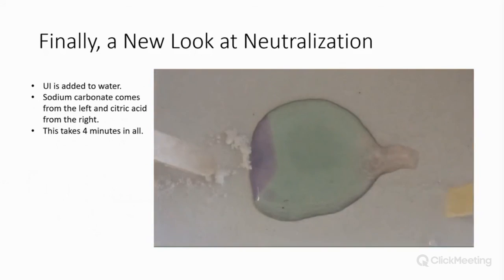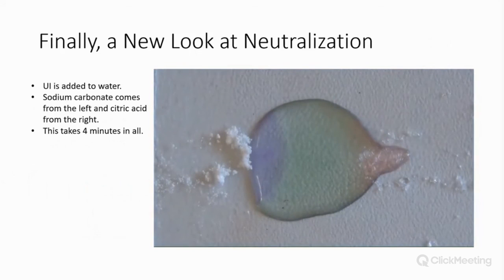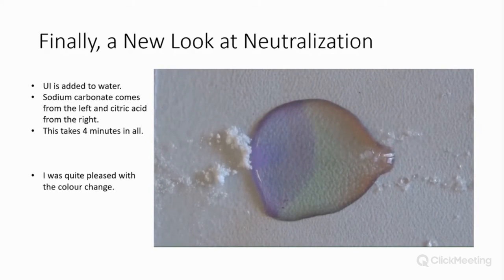And now, this was amazing. I enjoy watching this. It probably makes me a really sad person, but there you are. But this is citric acid from the right, sodium carbonate from the left, universal indicator solution in water. And it's time. This will take up to about 4 minutes in all.